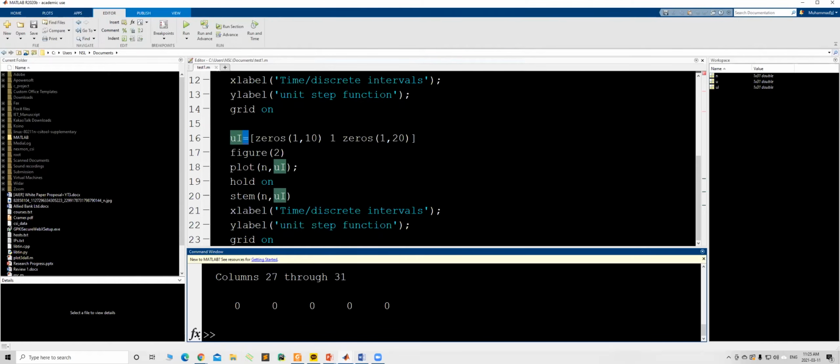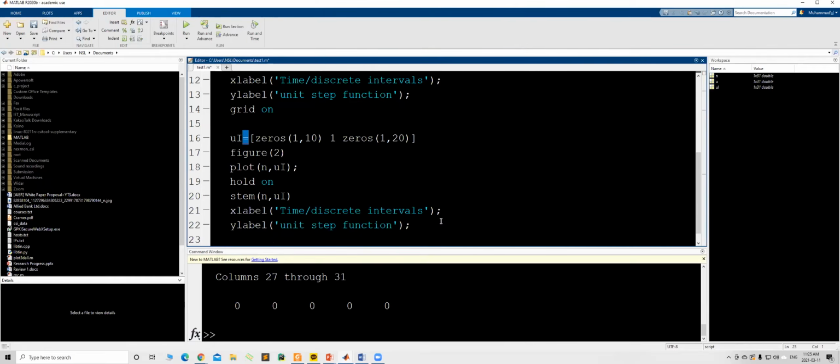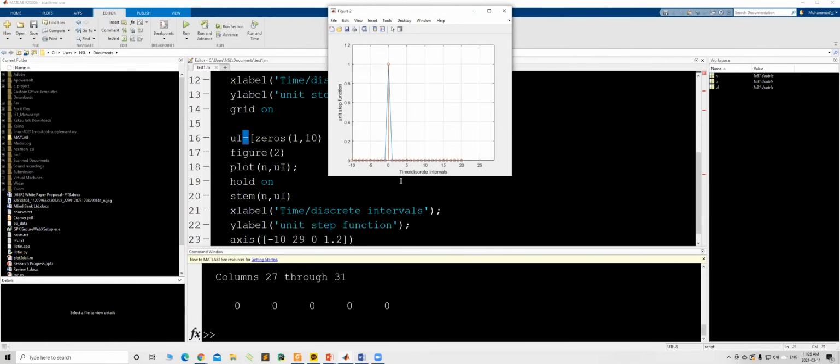So in that case, you can also type axis, and then how much the axis is. For example, my axis is starting from -10 and going up to 20, and then keep the distance between each axis as 1.2, and like that you can now see it. See, so it will confine your data to this axis.